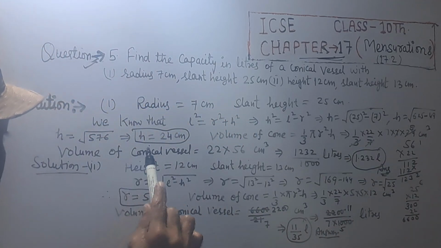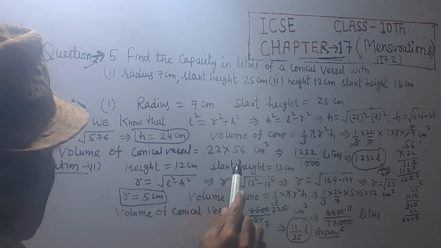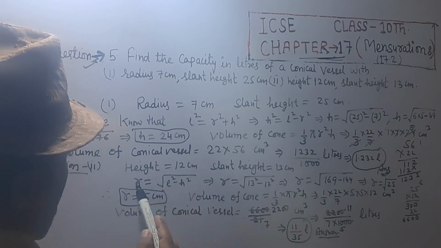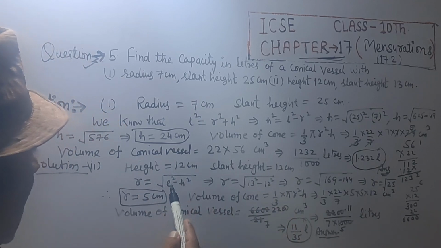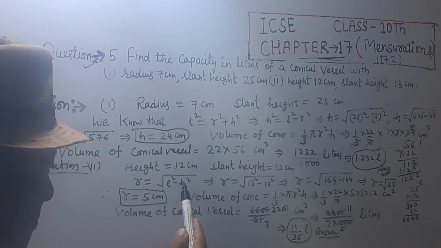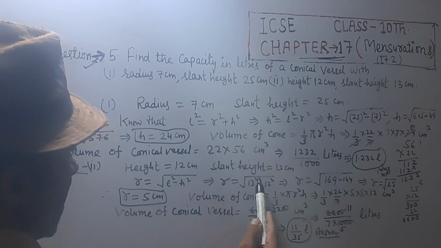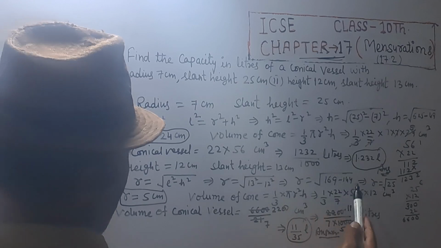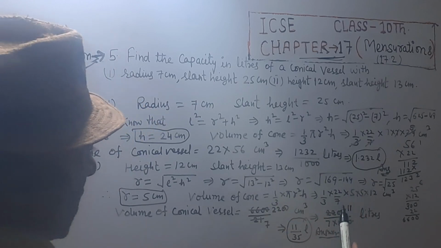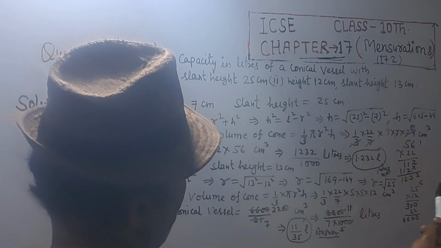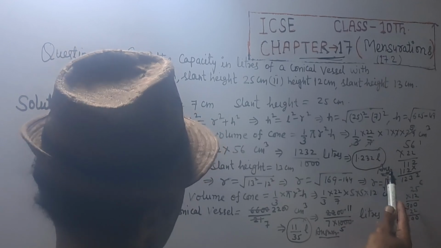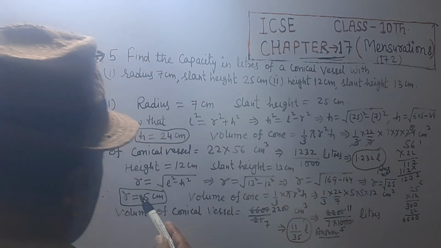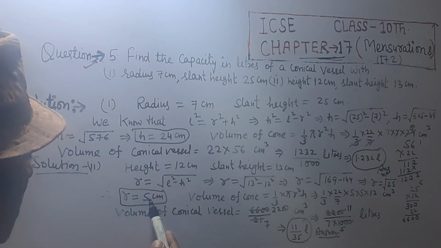And second part, height is 12 centimeter, slant height is 13 centimeter. So R is equal to under root L square minus H square. L is 13, 13 square is 169 and H is 12, 12 square is 144. 169 minus 144 equal to 25 root, and R is equal to 5 centimeters.